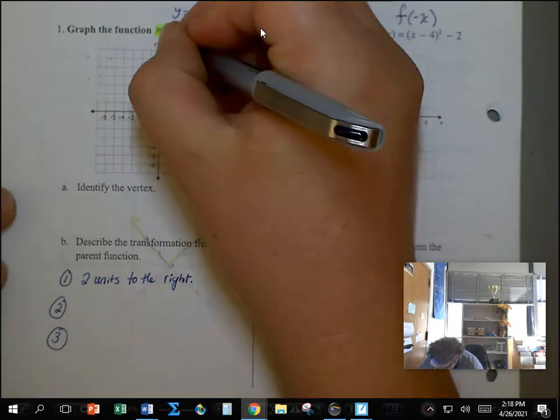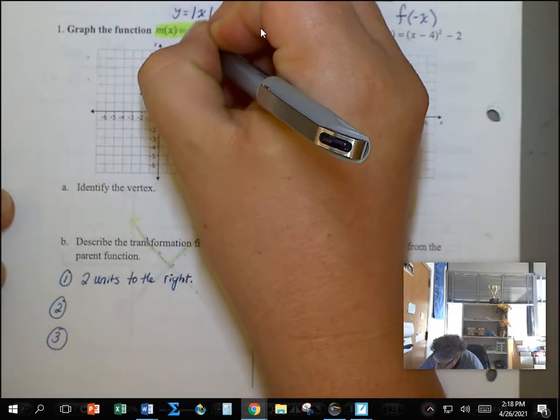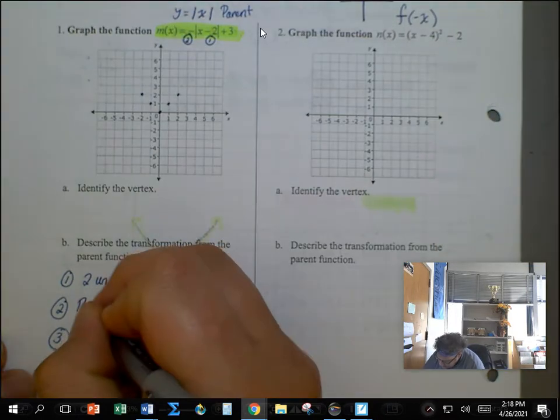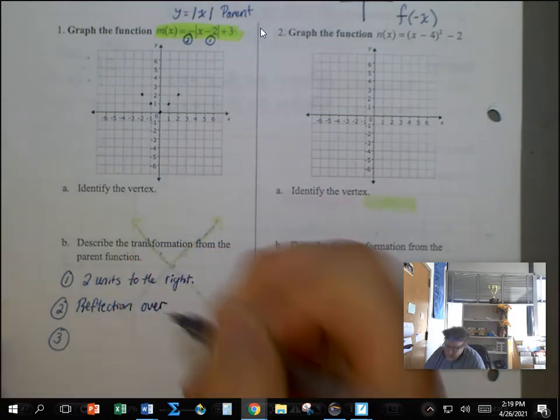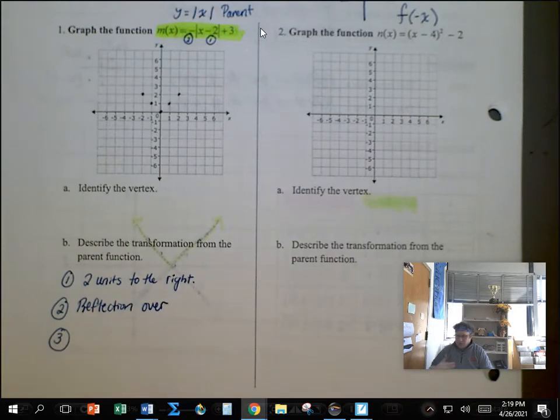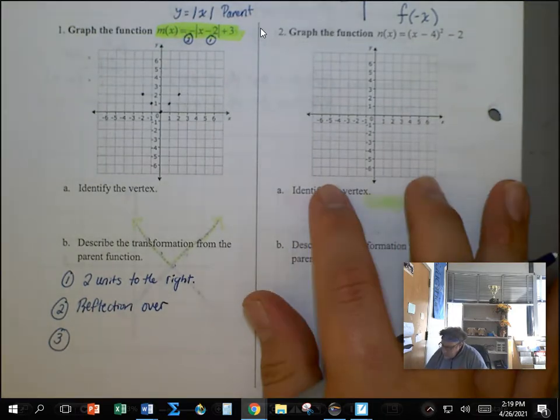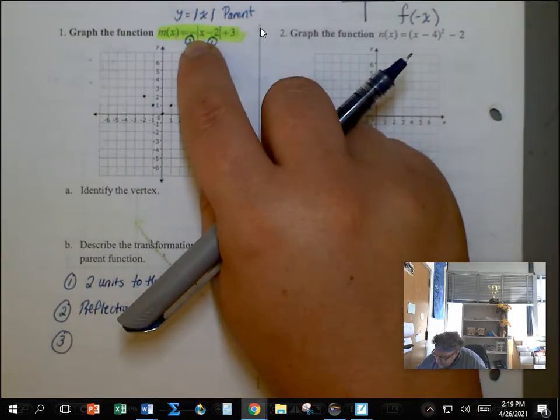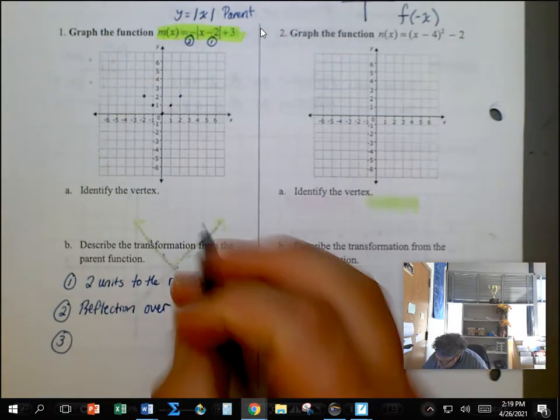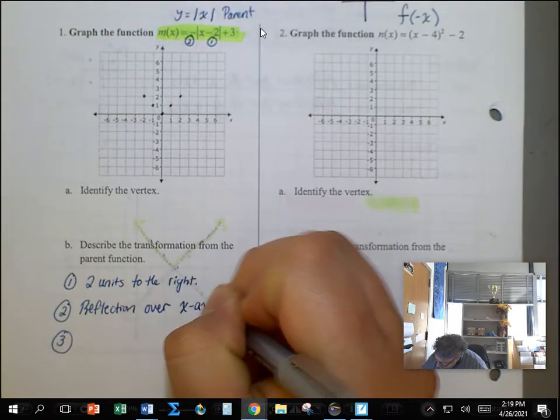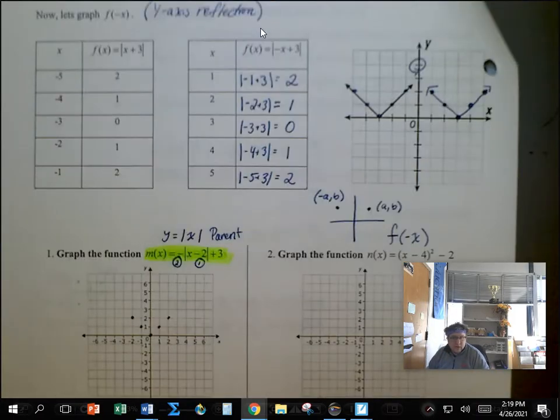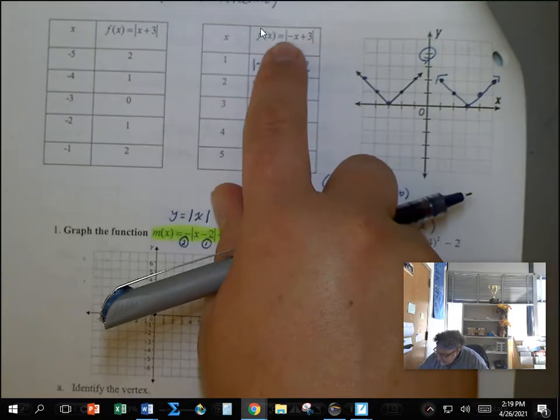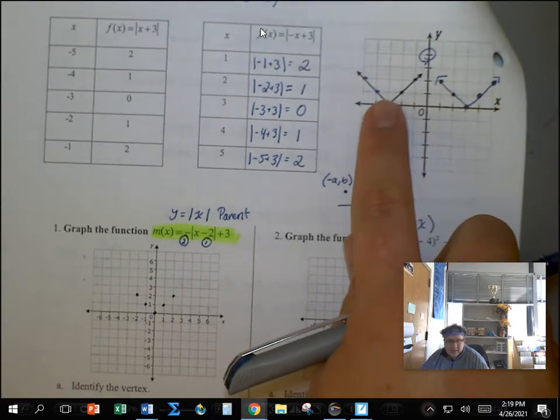The next one is going to be this negative sign out front, and that is going to be a reflection over the x-axis. If you're not sure, you want to look back in your notes, but the negative outside of the function is going to be an x-axis reflection, versus what you see above here, when the negative was on the inside, it flips over the y-axis.